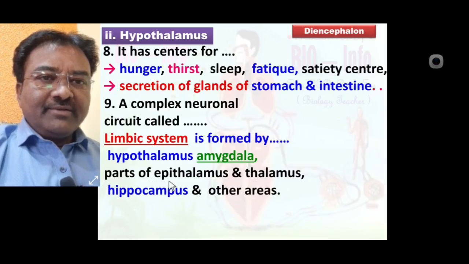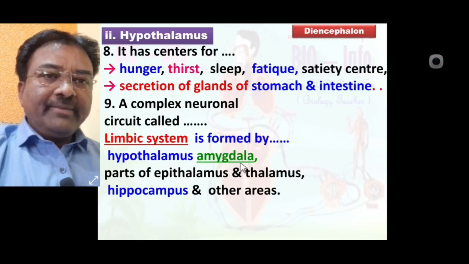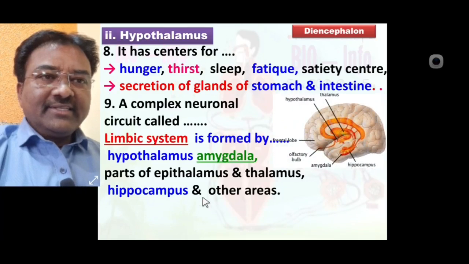Hippocampus is also one of the parts, and other areas. Always remember, limbic system is formed by hypothalamus, amygdala, part of epithalamus and thalamus, hippocampus, and other areas.